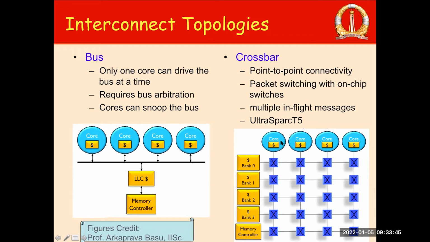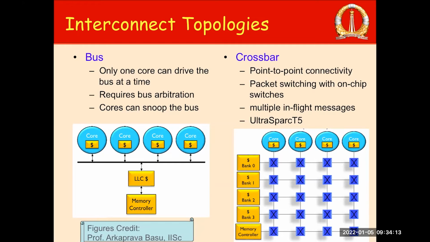For example, if core 1 wants to communicate with bank 2, then this switch is enabled so that it allows core 1 to connect directly to bank 2. And when core 1 is directly talking to bank 2, maybe core 2 can talk to bank 0, or core 3 can talk to bank 1, and core 4 can talk to bank 3, and so on.